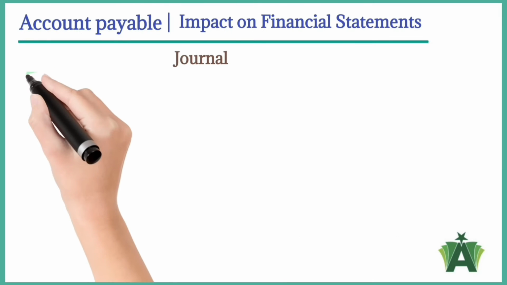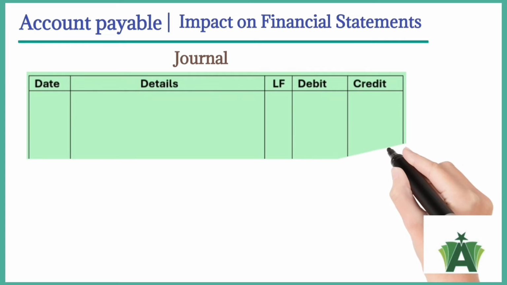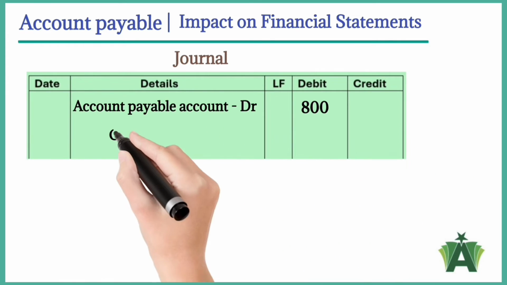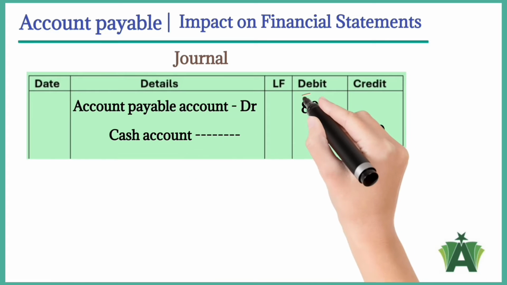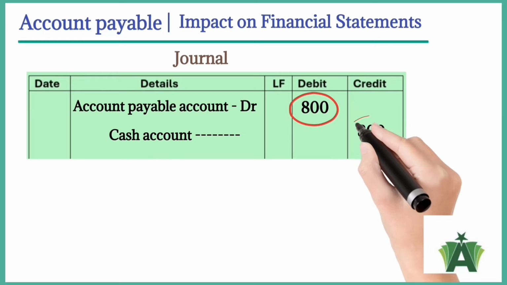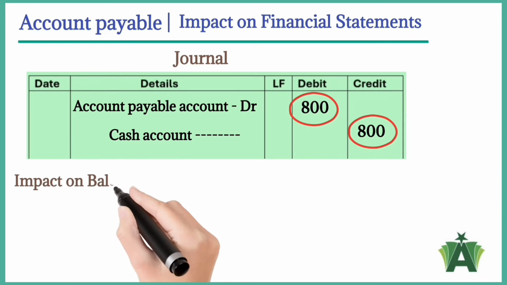The journal entry to record the payment of $800 to a supplier for a previous credit purchase is as follows. Accounts payable debit $800. Cash credit $800. This entry shows that the company is settling its debt, reducing both liabilities accounts payable and assets cash by $800. Impact on the balance sheet.